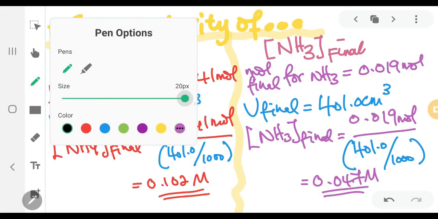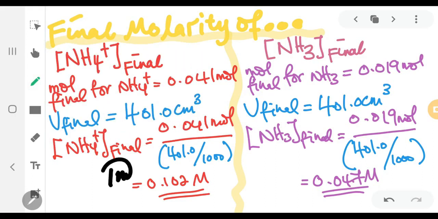So by finding that out, we get 1 mark, and we've got 1 mark over here.